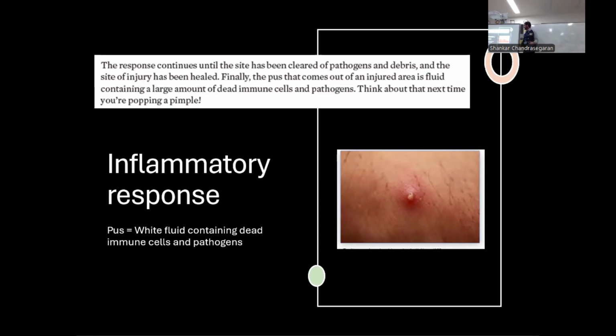This battlefield of casualties is later put together and comes out as a pus-filled pimple. So next time you see a pus-filled pimple, just know that your body has fought a war of pathogens off, and is basically presenting the remains in that tiny sac right there.